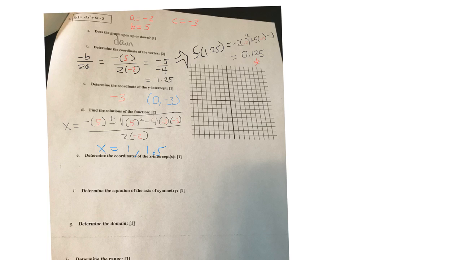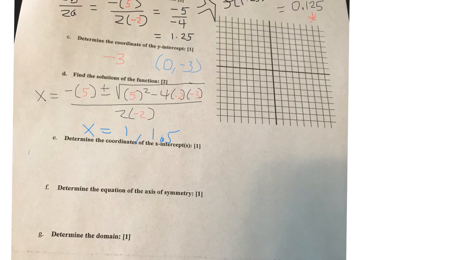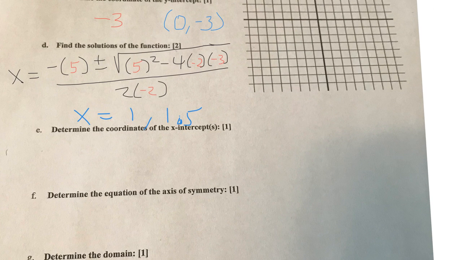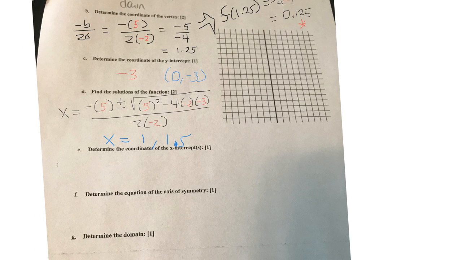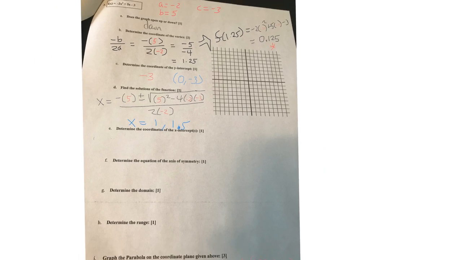So basically, when it is -5 plus this thing all over -4, you get 1. And when it is -5 minus all of this stuff, divided by -4, you end up with 1.5. All right, so those are the solutions.